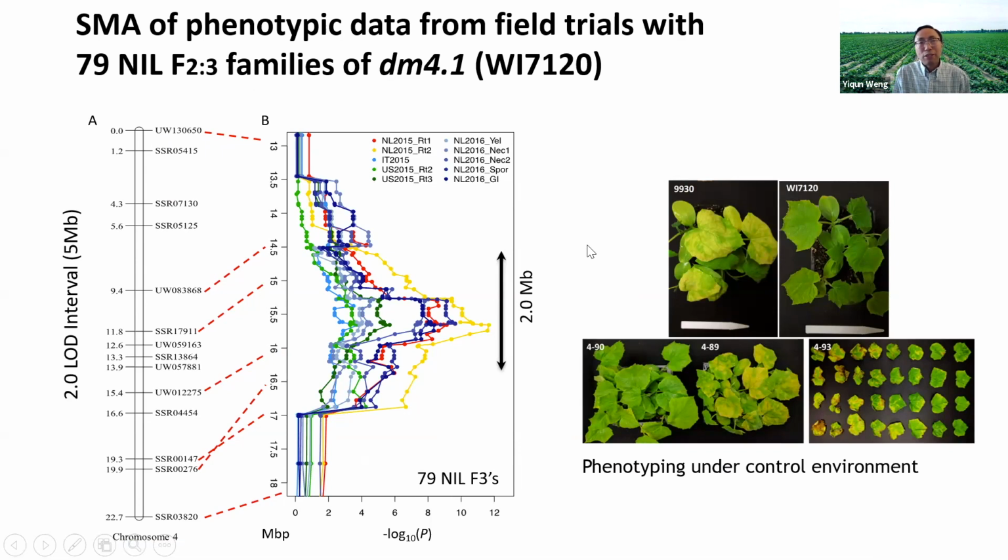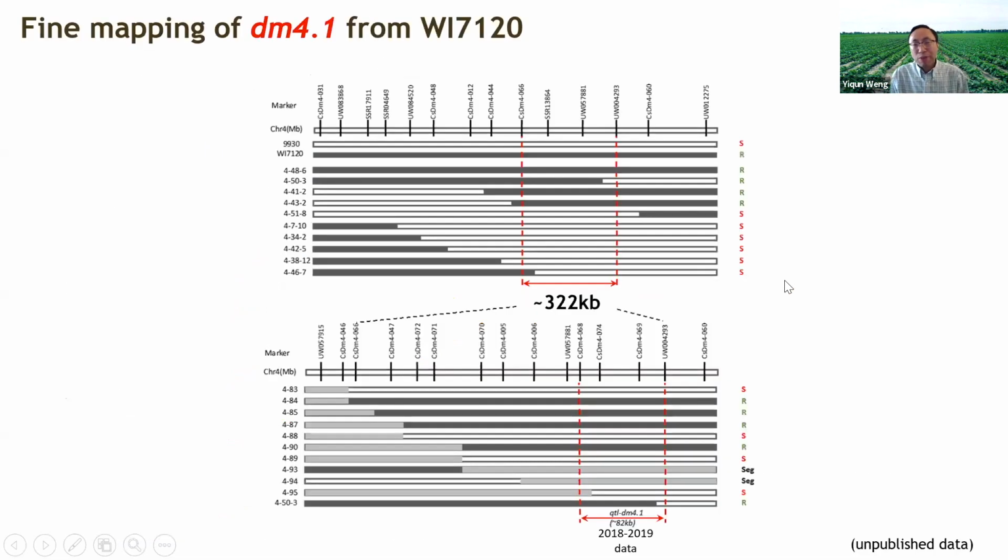So we were able to eventually narrow down to a very small region using multiple years of phenotypic data. In the case of 4.1, 82 KB, based on the 2018-2019 data.